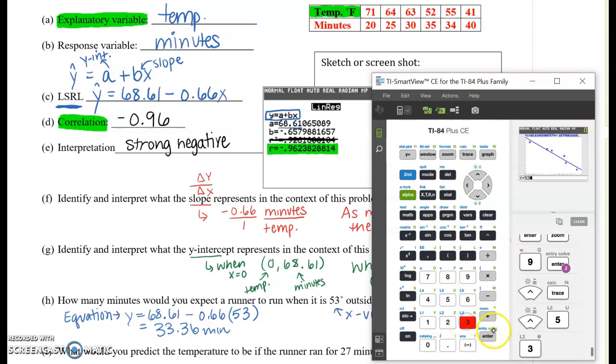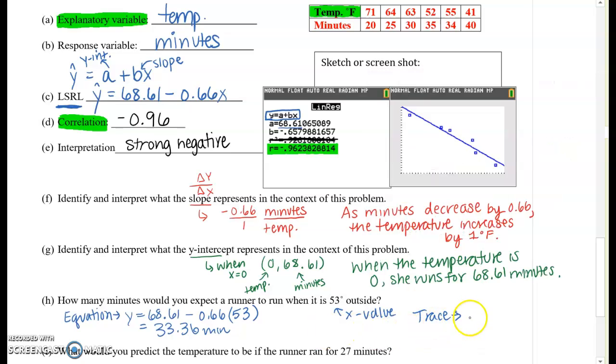So you're just going to type in 53 and hit enter. And you see this number, y equals 33.737278. So about 33.73. So they're very close.